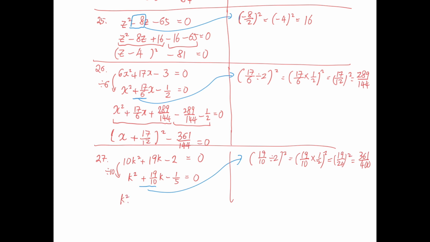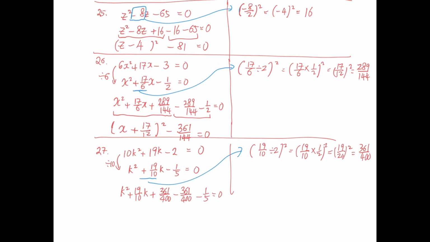So k squared plus 19 over 10 k, we have to add 361 over 400. Then we minus 361 over 400 minus 1 over 5 equal to 0.